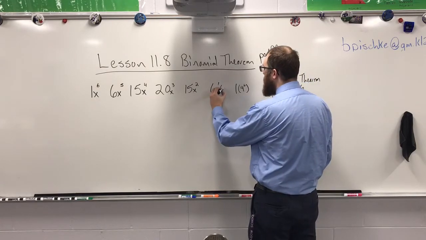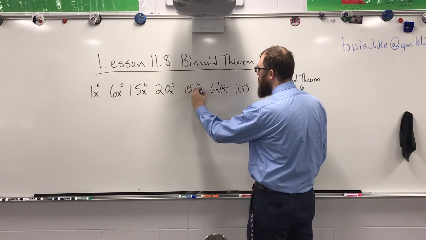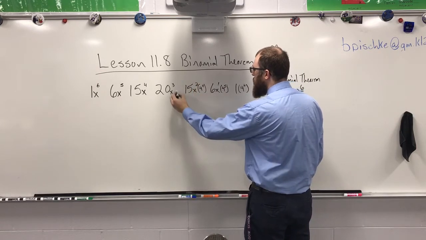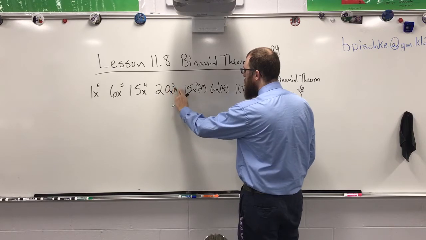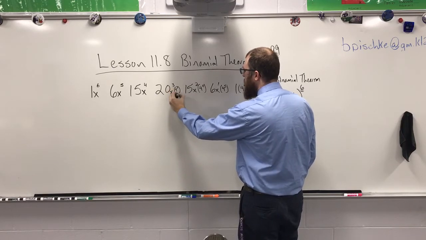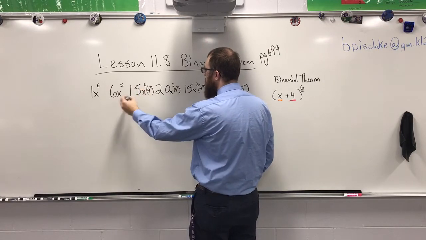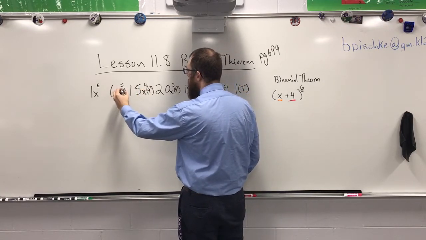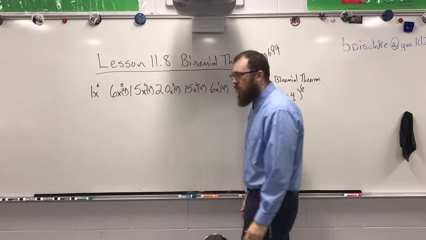This one is going to get 4 to the 5th. This one is going to get 4 to the 4th. This one is going to get 4 to the 3rd. This one is going to get 4 to the second. This one is going to get 4 to the first, and this one is not going to get a 4.